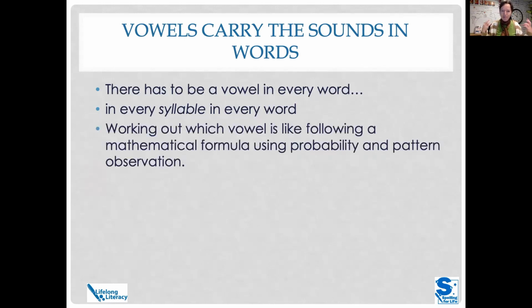It's like following a mathematical formula using probability and pattern observation. Here's the dirty little secret of spelling, right? When you're teaching people to improve their spelling, the absolute best that you can do is make them statistically correct.